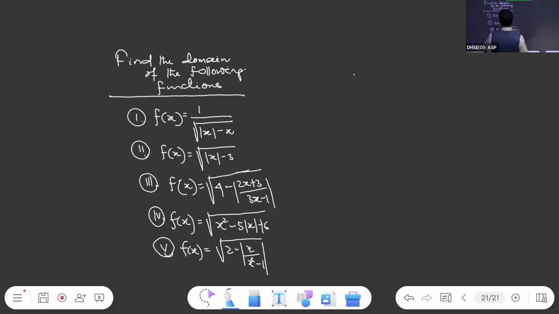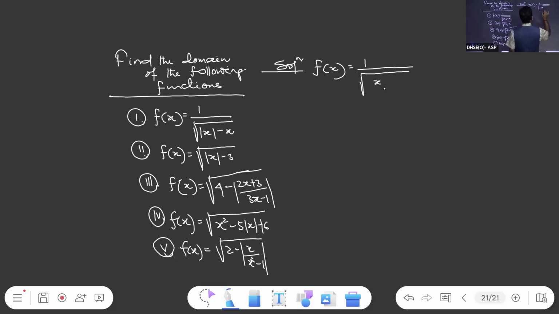Okay, let's start solving question number 1. F of x is equal to 1 upon under root of mod x minus x. For the function to be defined, the expression under the root should be greater than 0.